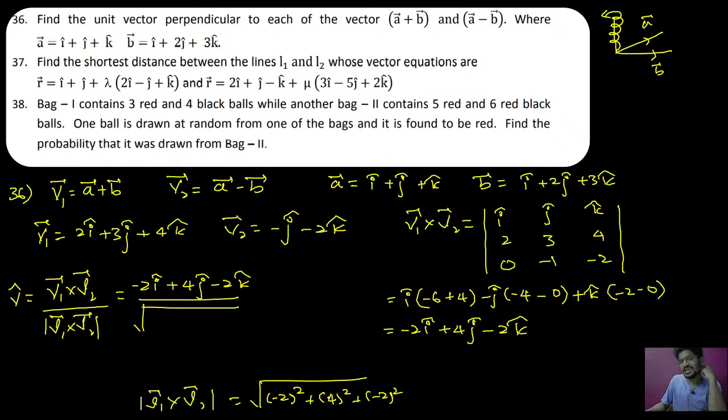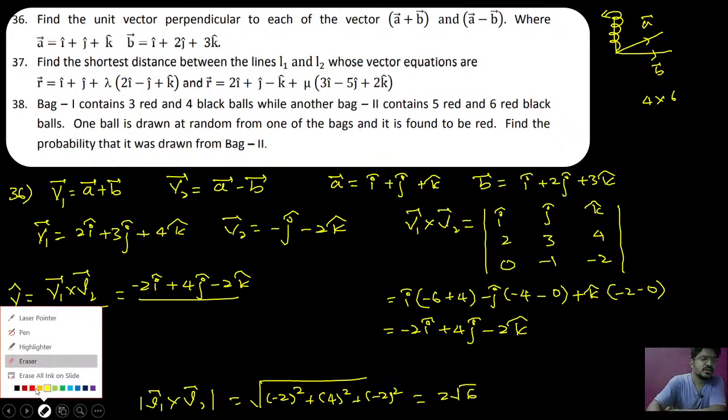So 16 plus 4 is 20, 20 plus 4 is 24, root 24, so you can write it as 4 into 6, that is 2 root 6. Clear? So therefore this will be 2 root 6.